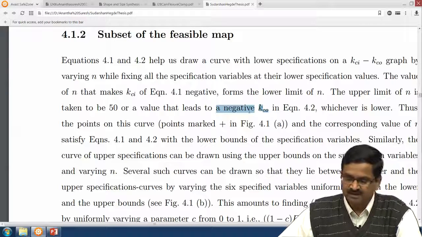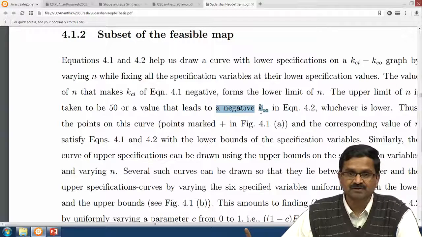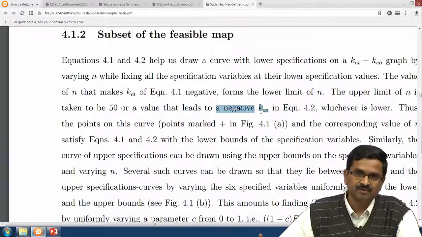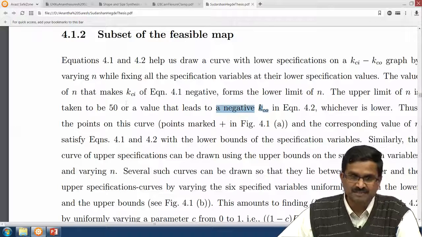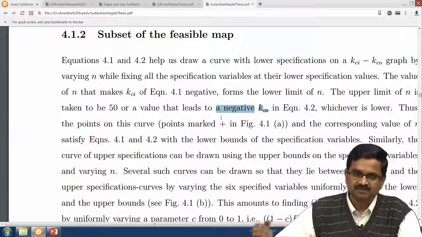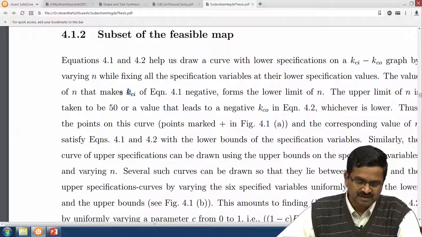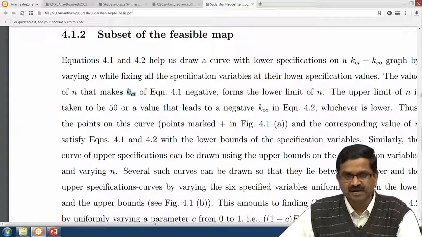That is, we try to find the values of n such that the resulting values of KCI, KCO, for the given range values for the 6 parameters that we have, do not become negative; they need to be positive. So, by solving an optimization problem in each case, by assuming different values of n, we need to find the corresponding minimum value of KCI as well as maximum value of KCI.